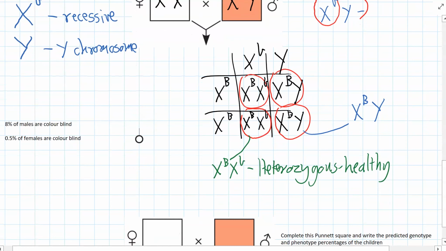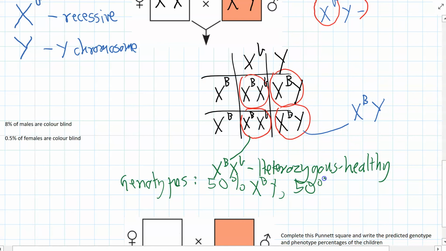So when we're writing the options here, the possible genotypes, well, we're going to have 50% X big B Y, and then the other 50% are the females, which are X big B, X little b. So they're going to be carriers because they're carrying an unhealthy allele, but they don't actually have colorblindness themselves.